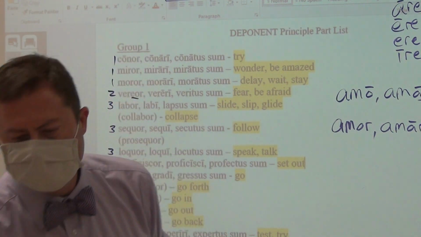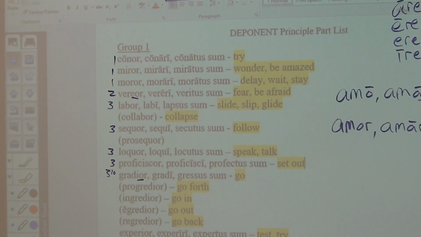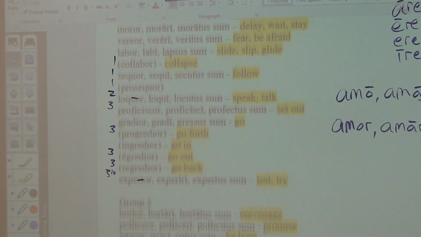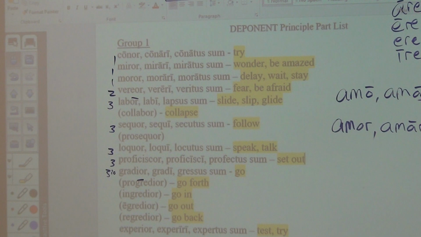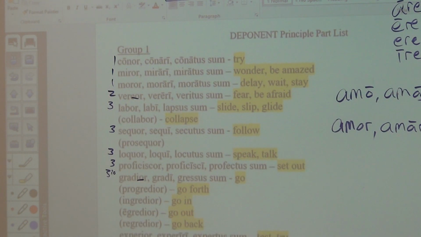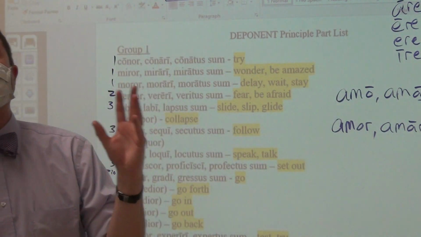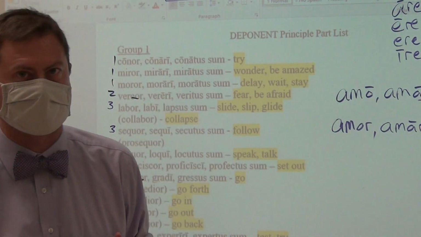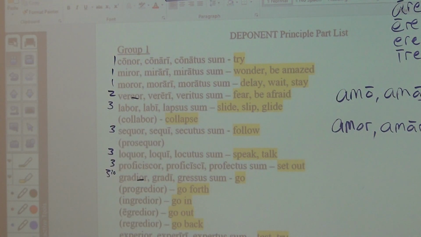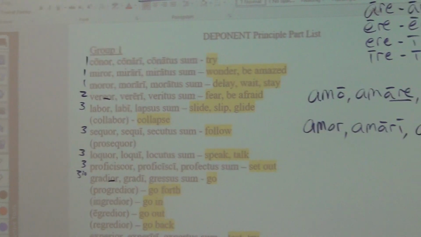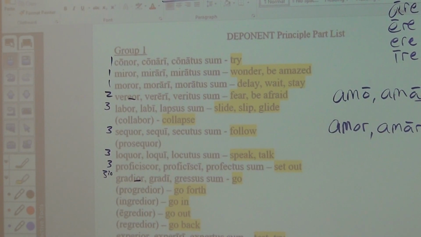And again, this principal part sheet helps you with some of the most common. So I've given you 10 in group 1, 10 more in group 2, and that will really cover probably about 80 to 85% of all deponents you see on a consistent basis, but you will see them on a consistent basis. Now, to give you an example, if I were to give you a verb, let's say that you have never seen before, and let's go with, here we are.